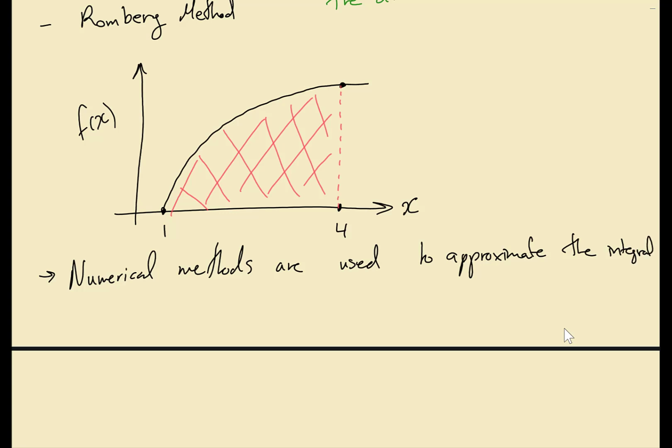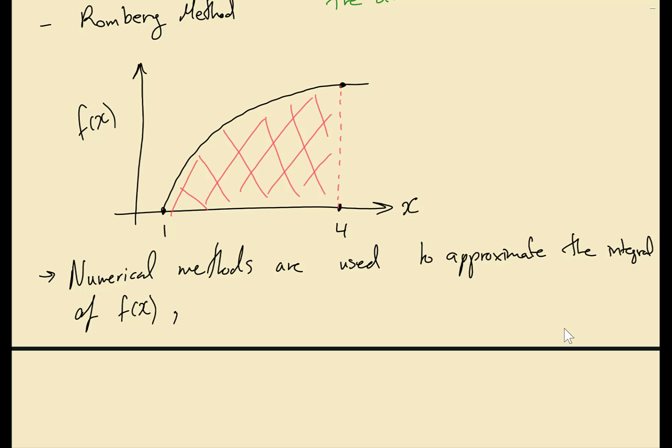And it could be of a function, so the integral of f of x, or it could also be the integral of data points. So instead of a function f of x, I could just have data points and I want to integrate the points. Then numerical methods would be used, right? Because you don't have a function.